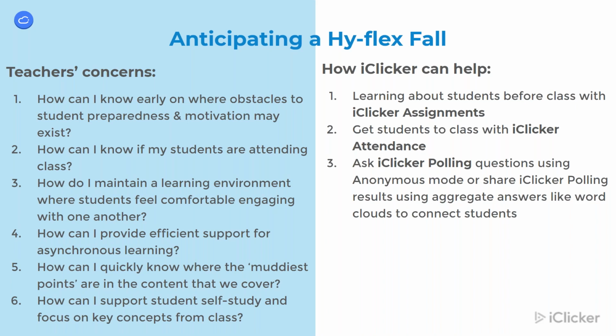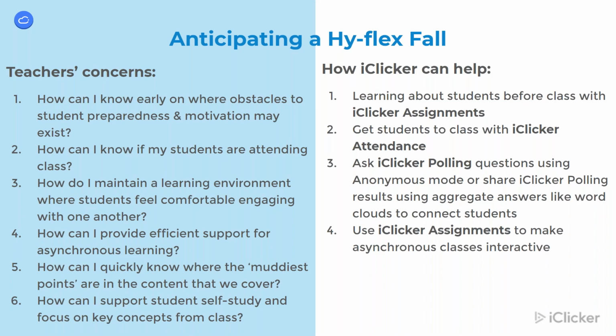So if you're trying to figure out student confidence levels in a class where that's a really important thing, using anonymous mode is really, really helpful. Also with iClicker polling, you're able to show results of the entire class to the entire class. And for students who may not feel that confident about how they're performing in class, being able to see how they are among their peers is really reassuring and helpful.